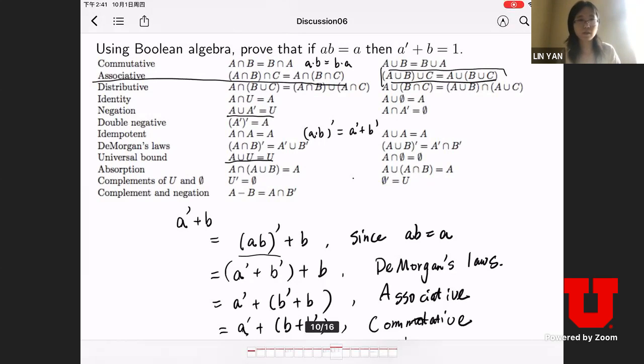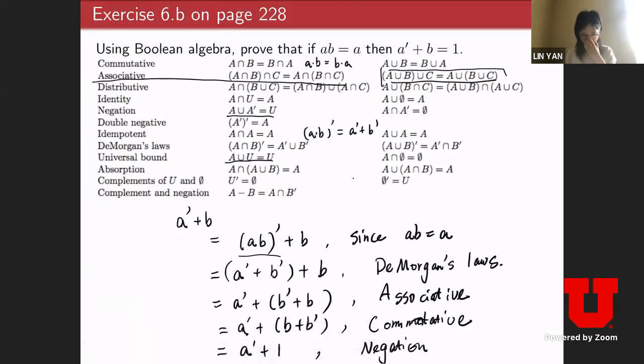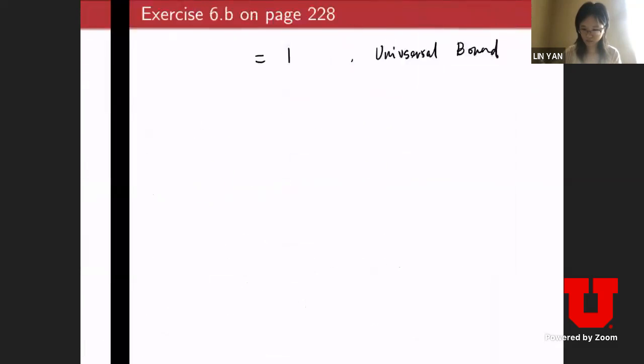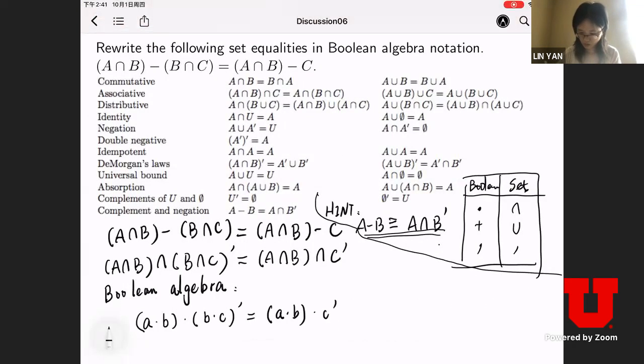Any question about this problem? Yes, we should have this. Zero corresponds to the empty set, and one corresponds to the universal set.